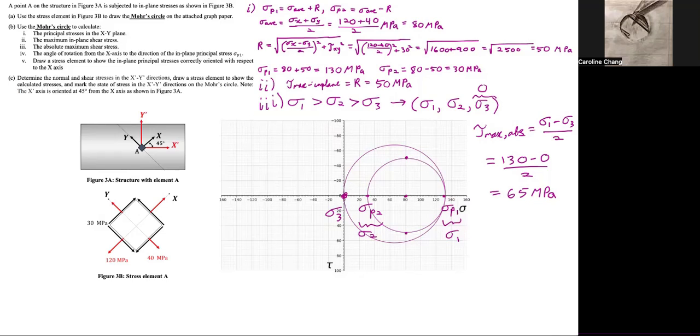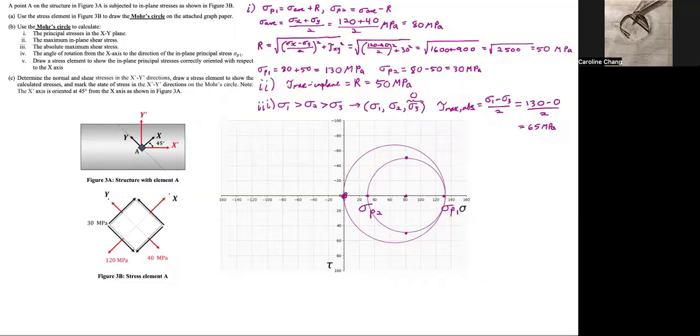And we will want to find the angle of rotation from the x-axis to the direction of the in-plane principal stress, sigma p1. So the first thing is to plot our x and y on the in-plane Mohr circle, which is the inner circle in this diagram here. I'm going to first move some things around.